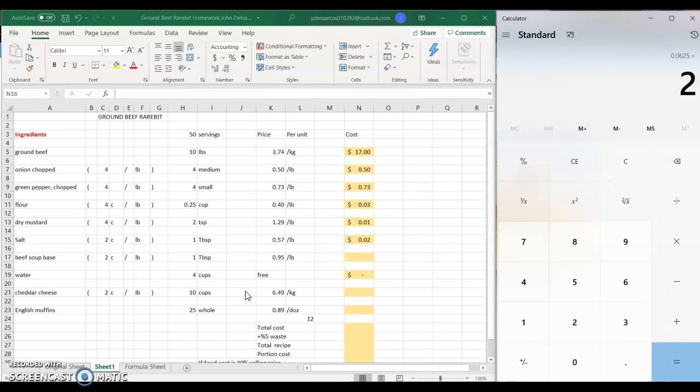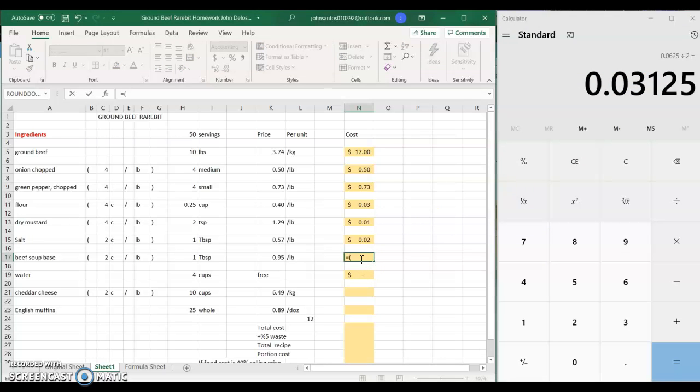Divided by 2, and that will give us the amount in pounds. So that will be create your formula. Again, like I said, we're just going to use 2 decimal places, 0.03, close parenthesis, multiply it by the price, and that will give us 0.03.